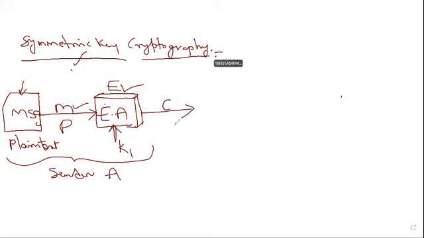Then sender and receiver use a communication channel, any established or selected channel, or they may use the internet for sharing this information. So this ciphertext is transmitted to the receiver.